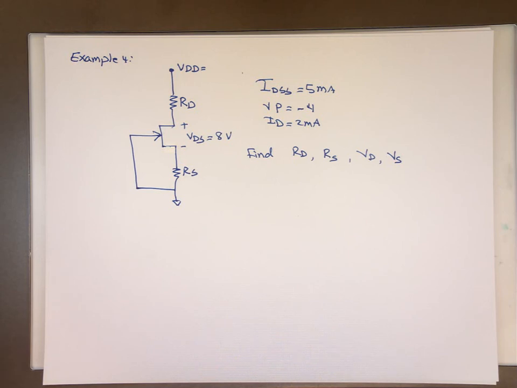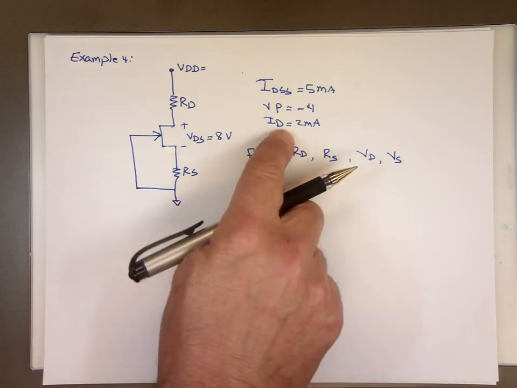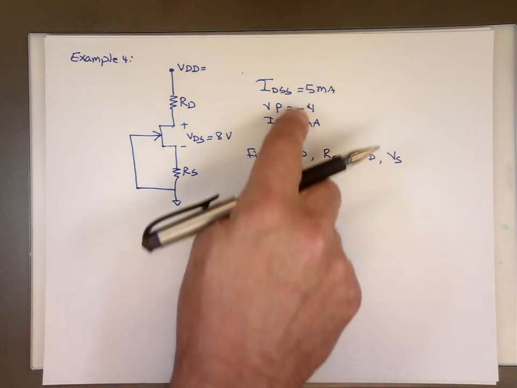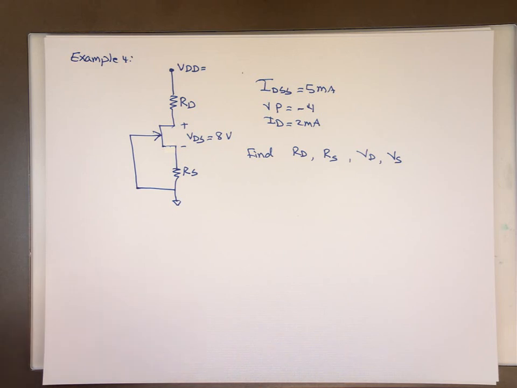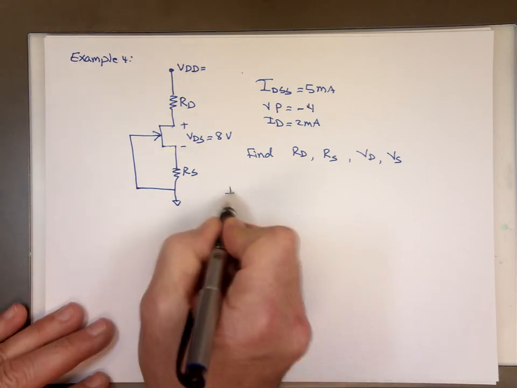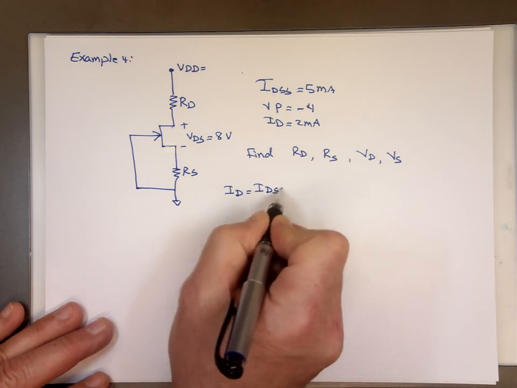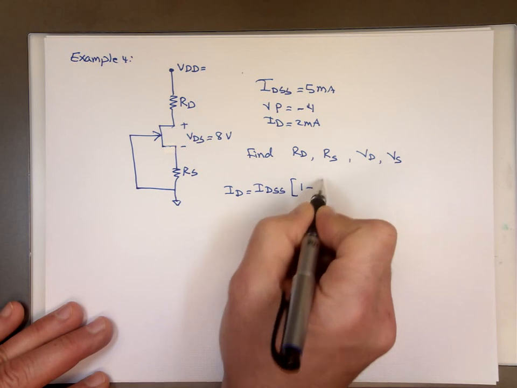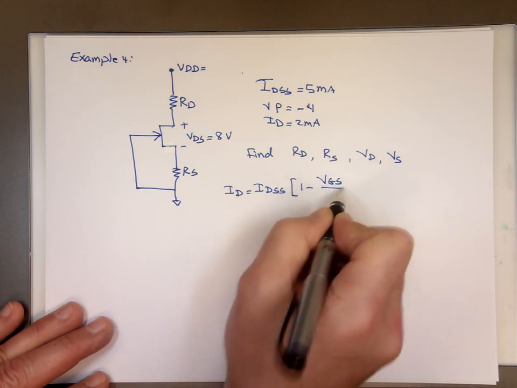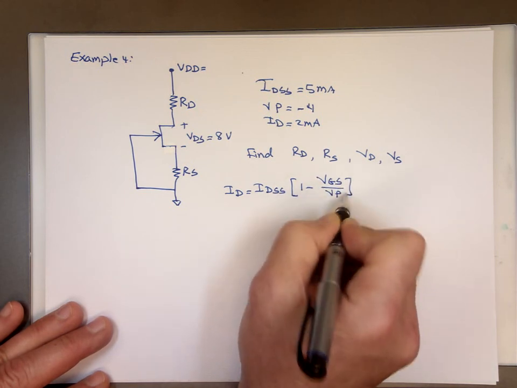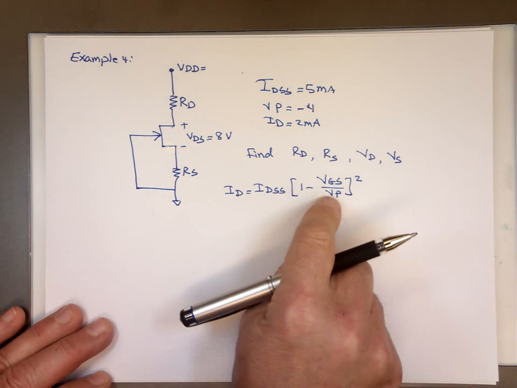Well, there's a little problem here. I know I sub D, I know I sub DSS, and I know VP. That means I can find VGS if I need it. How? I sub D is equal to I sub DSS times (1 minus VGS over VP) squared. Notice I didn't put minus again because I'm giving you VP as negative.